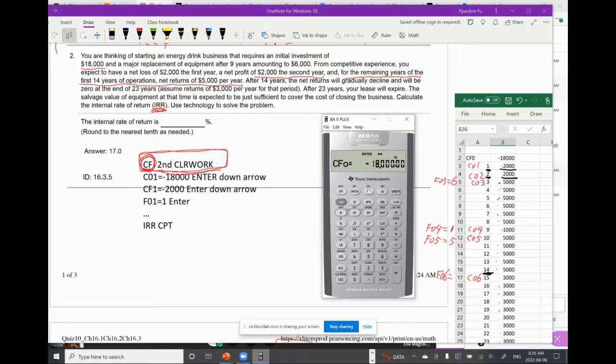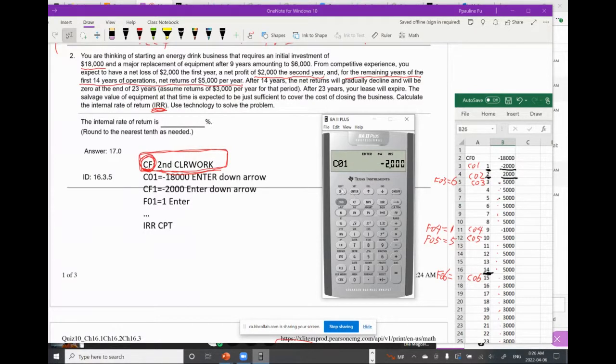After that, press the down arrow key. You get C01. Look at this data analysis here. C01 is negative 2,000. So 2,000 negative.